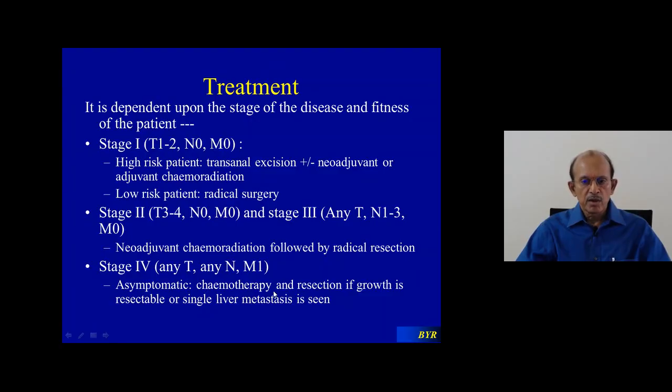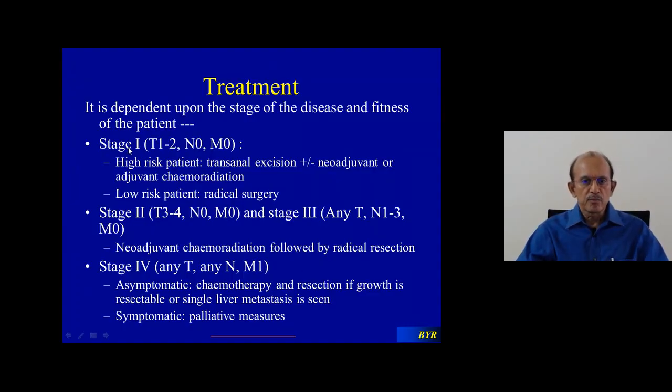Then you give chemotherapy, and resection if growth is resectable or if single liver metastasis is seen. For symptomatic patients who are stage 4, that means wherever there is metastasis, for those cases, you give palliative measures. So in gist, this is the treatment protocol you follow for the patient with carcinoma of the rectum.